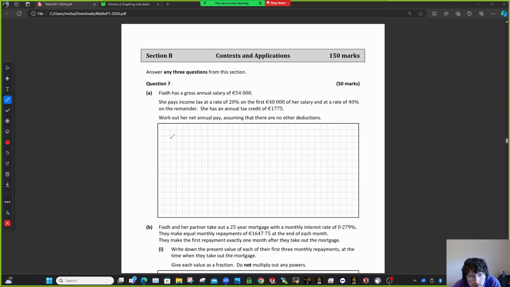Tax, so we work out the total tax paid, so it's 40,000 times 0.2, plus the excess, which is 54,000 minus 40,000, and we tax that then at 40%, and we take away our tax credits, and that works out as, I'll just double check, 14,004 minus 1,775.